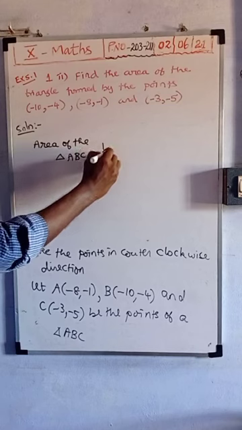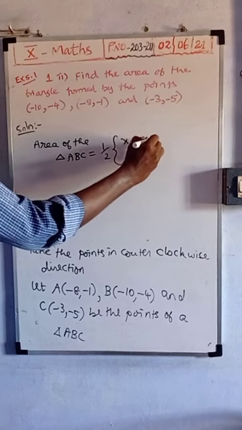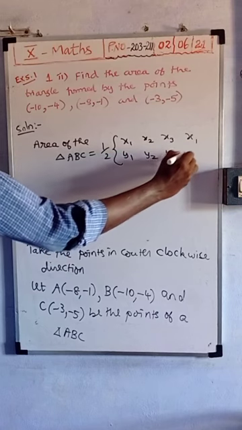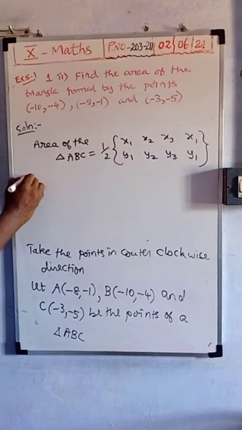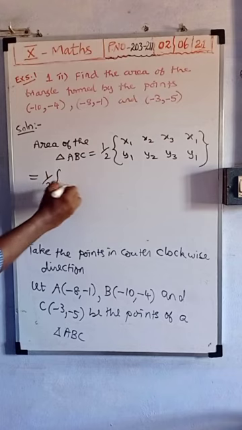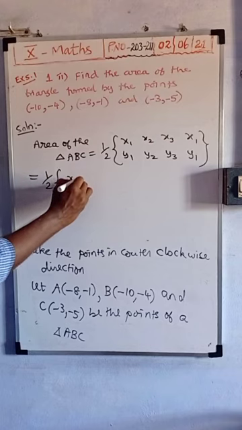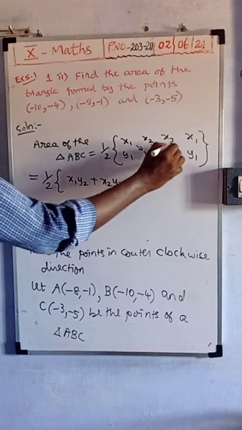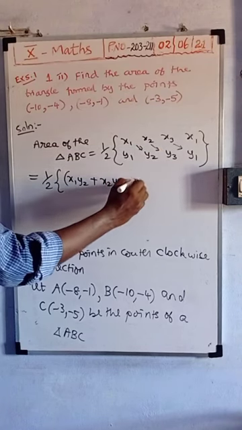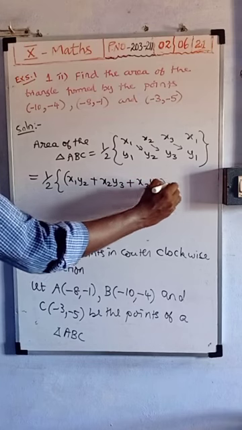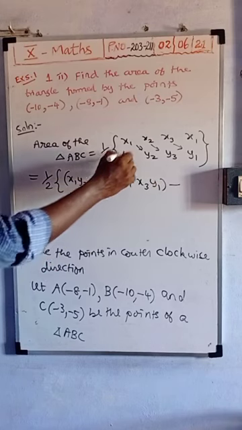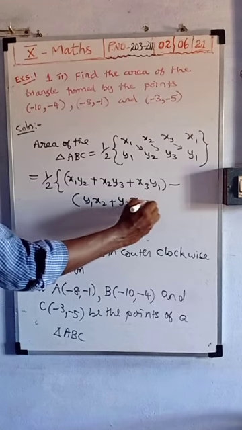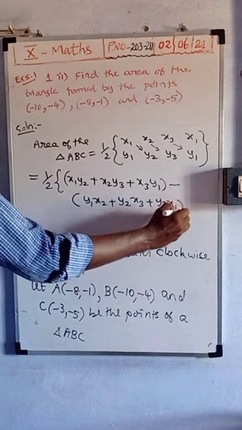First you want to write x1, x2, x3, again x1, and y1, y2, y3, again y1. Then easily we will write the formula: first x1 y2 plus x2 y3 plus x3 y1, up to down you should multiply, then in the center minus again, one open bracket, next down to up, y1 x2 plus y2 x3 plus y3 x1, close the bracket.